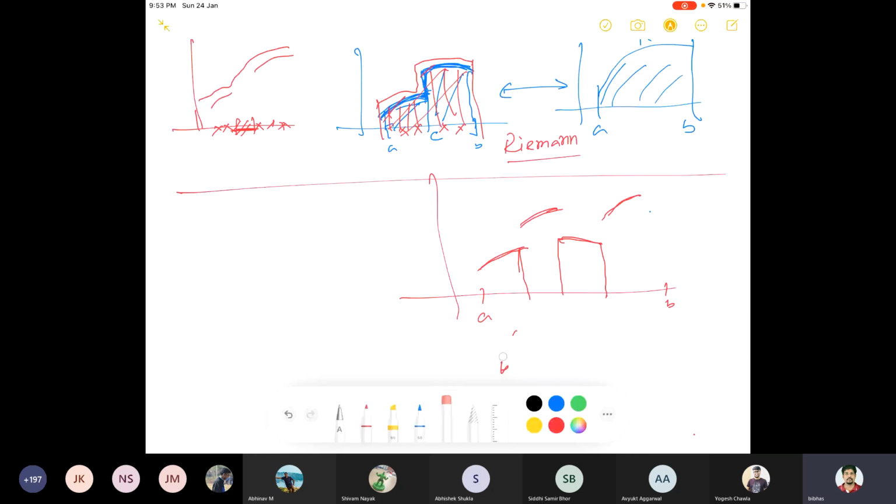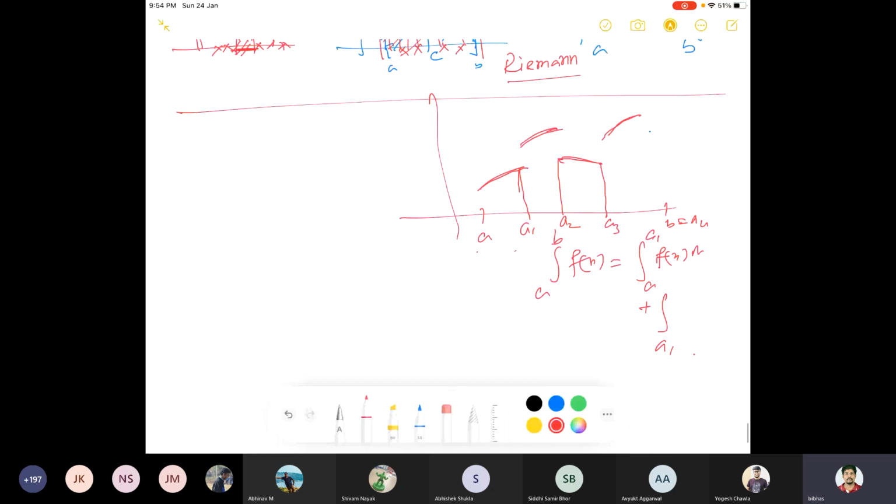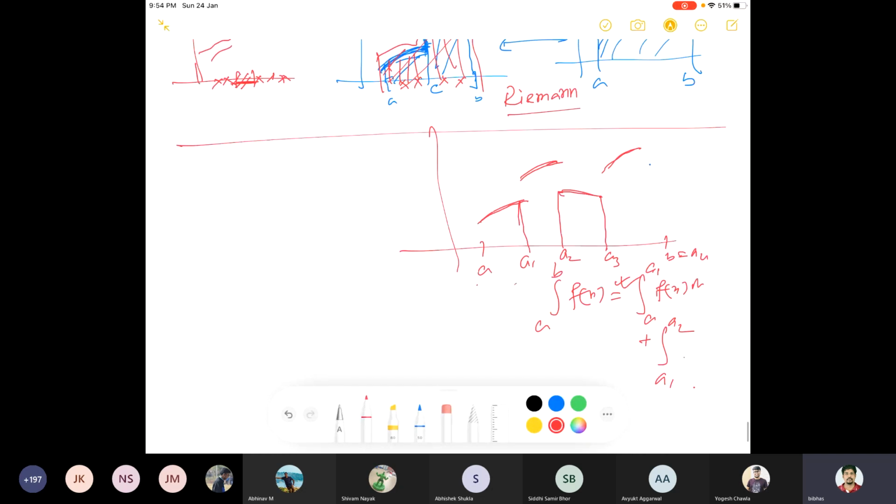It will be the same value, A to B, for the entire function. Then you can define A to A1, A2, then A3, and this is A4, which is B. So it is the integral from A to A1 of f(x) dx plus again A1 to A2, and then A2 to A3, then A3 to A4. This is always an equality. What you said is correct. So it does not matter much.